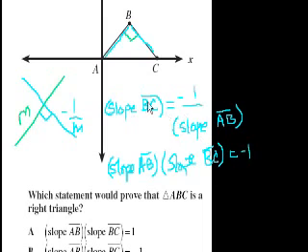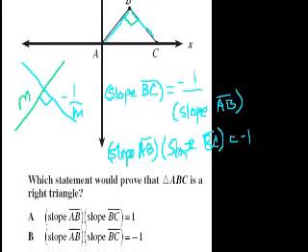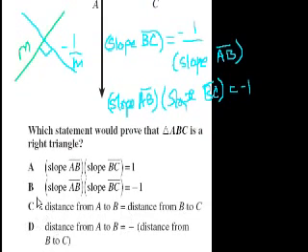I just multiplied both sides of the equation times slope of AB. And if we go here, choice B is exactly what we wrote right there.